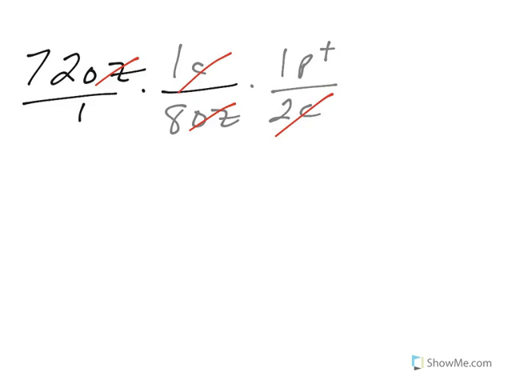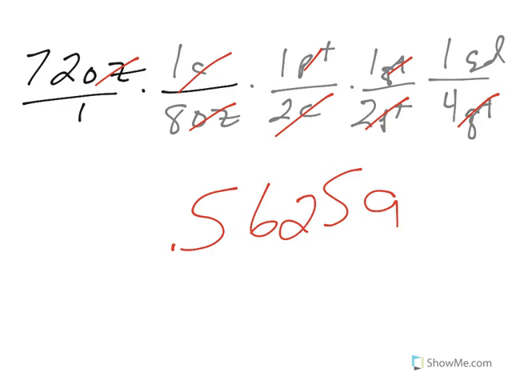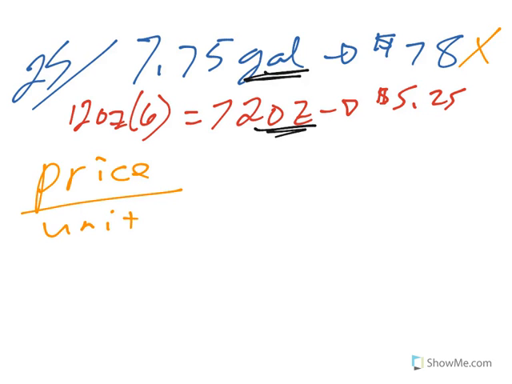Cups go away. 2 pints is a quart. Pints go away. And 4 quarts is a gallon. Quarts go away. So now I'm in gallons. So I take 72, divide by 8, divide by 2, divide by 2, divide by 4, and that gives me 0.5625 gallon. So if I go back to the previous page, instead of 72 ounces, I could say 0.5625 gallon.